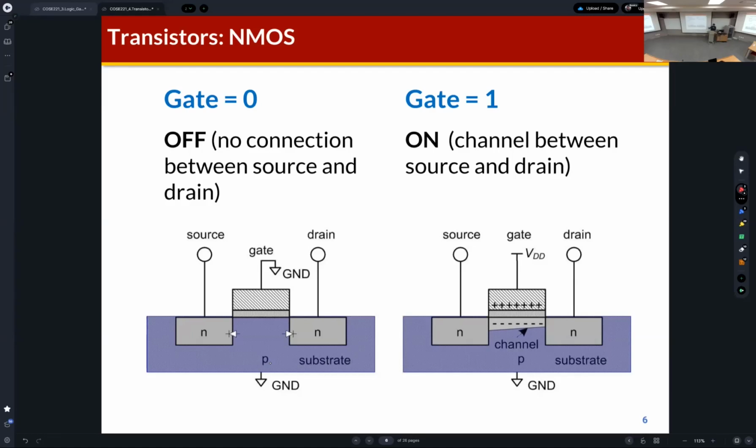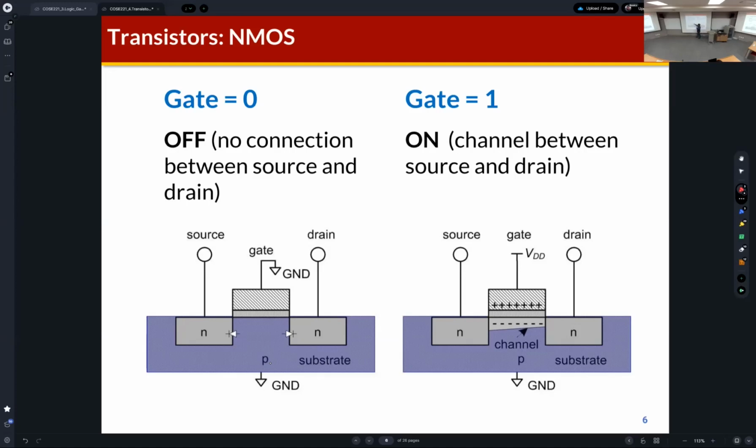That's the basic operation of the transistor. Actually, the real operation is more complex than this brief explanation, but you can just understand how a transistor works like this. You can just remember that the channel can be generated if we provide the high voltage to the gate of the NMOS transistor.